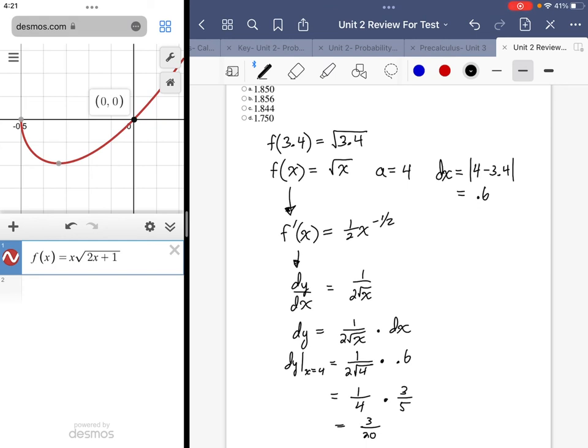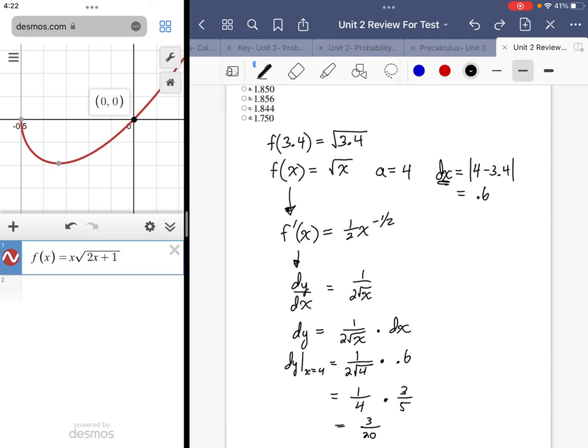Now, that is certainly not the square root of 3.4. The square root of 3.4 should be somewhere in the neighborhood of 2. What that is, is the corresponding change based off of the function related to the dx value, that infinitesimal change in x, which really isn't that infinitesimal, but the change in x that leads to a certain change in y at x equals 4.